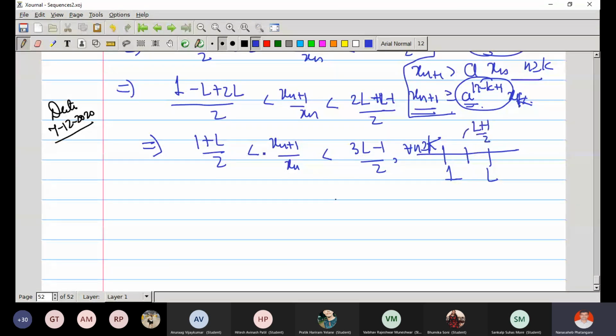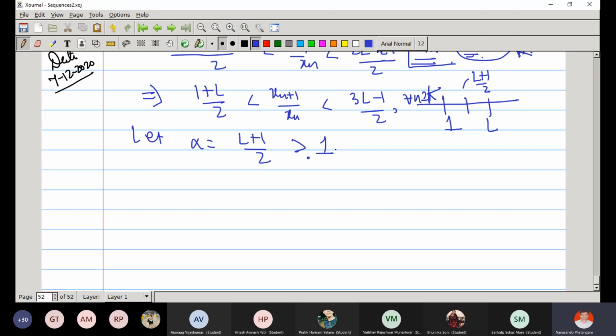And what does the last expression say? For n greater equal k, 1 plus L by 2 is less than xn plus 1 upon xn. So if I call alpha equal to L plus 1 by 2, then clearly this number is greater than 1. Am I right? Yes, sir.